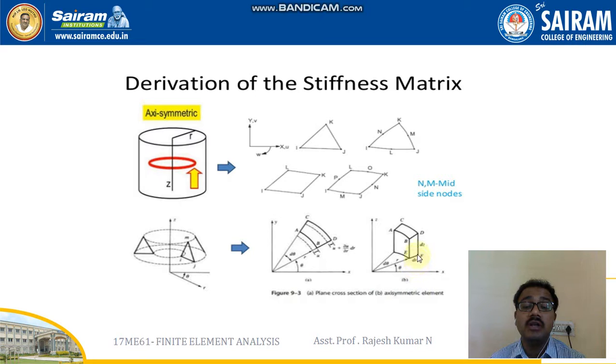Here you can see the 2D element. Have a look at this sketch: d theta is a small angle that should be defined here. Otherwise we can't do the derivation, because any derivation is done for a small panel, and later we'll integrate for the entire model.